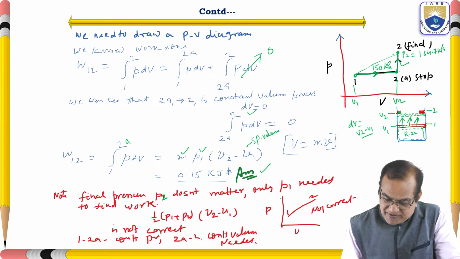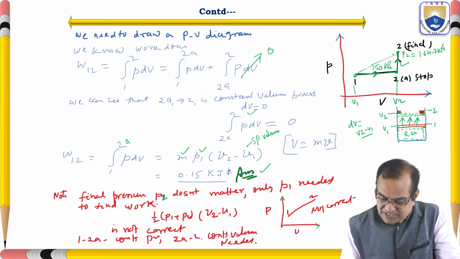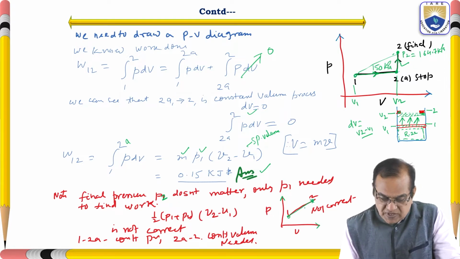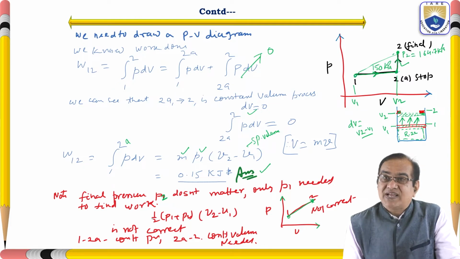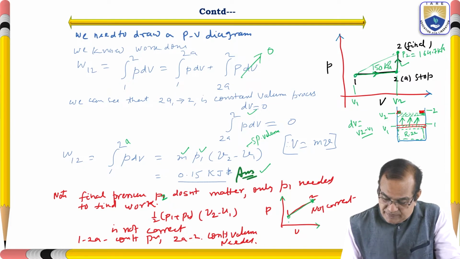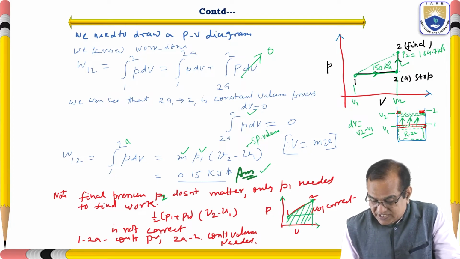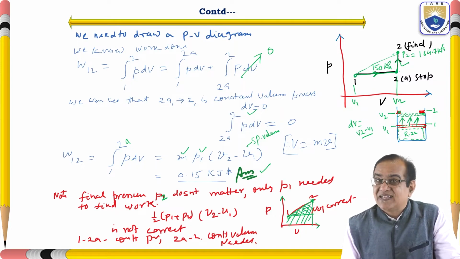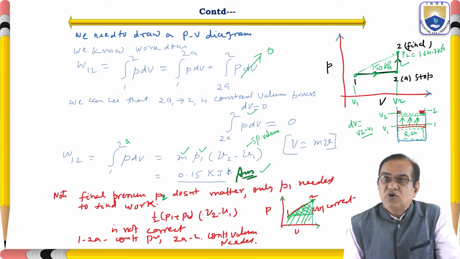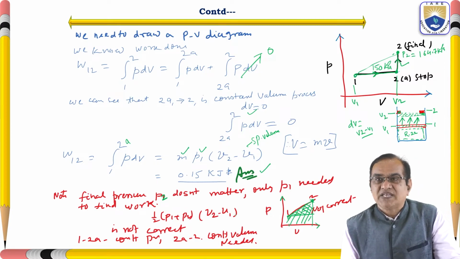If you draw a PV diagram like this, which is not correct, 1 to 2 like this, you can write the work as this trapezoid from here to here. This is the work done, which is not correct. The correct work done is only this. This is the extra work you would get in the result, which is not correct: one half of (P1 plus P2) times (V2 minus V1).